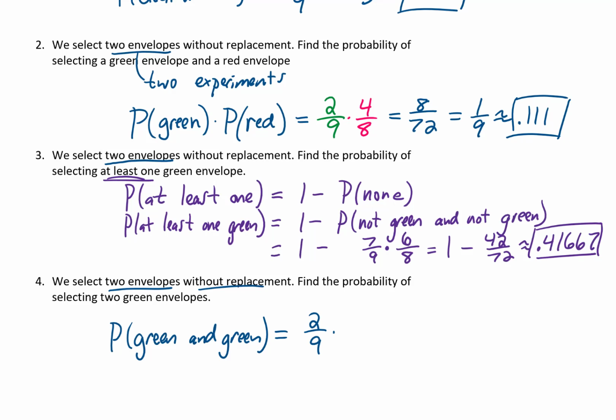And then once we've removed that green envelope from the pile, we have 1 green envelope left, and we'll have a total of 8 envelopes in that pile. So the probability of selecting a second green envelope is 1/8. Multiply those fractions to get 2/72. That reduces to 1/36, or you just plug it into your calculator, and you get 0.0278. So just under a 3% chance that you will select both green envelopes with your 2 selections without replacement.